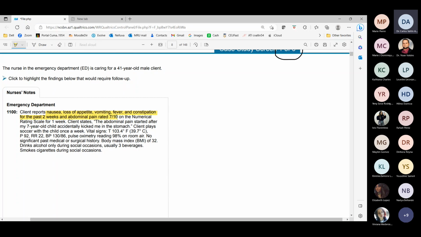Follow-up of the abdominal pain. We need to have a follow-up of the fact that the abdominal pain started with a trauma. The fact that they play soccer doesn't need follow-up. And we need to follow the vital signs, especially the fever.